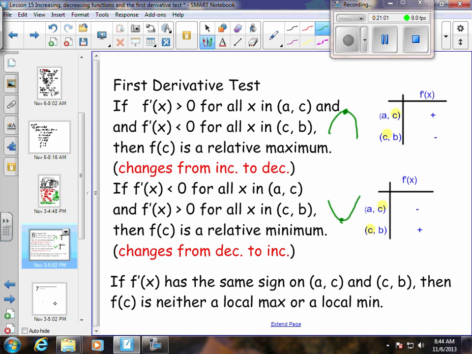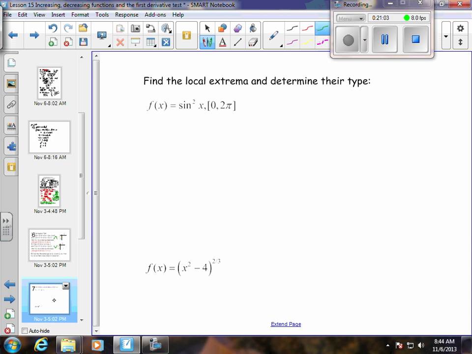All right, so we're going to use this to extend what we did in the previous examples to finding the local extrema. We've talked about how to find the absolute extrema. Remember that? Okay. Now we're looking for local or relative.